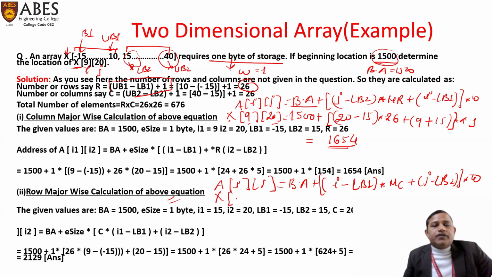X 9 20 is equal to base address 1500, plus i is 9 minus lower bound minus 15, that is plus 15, multiplied by the number of columns, which is also 26, plus j is 20 minus lower bound 15, multiplied by 1. So after calculation, this will be 2129.